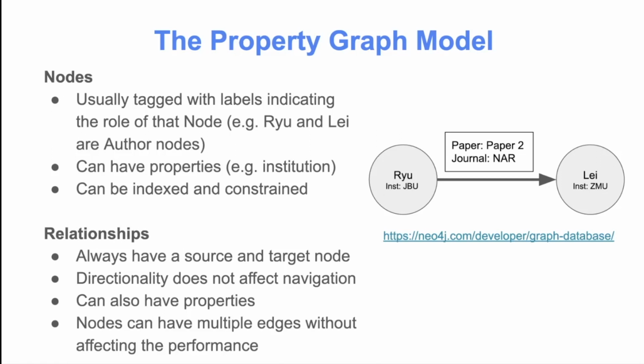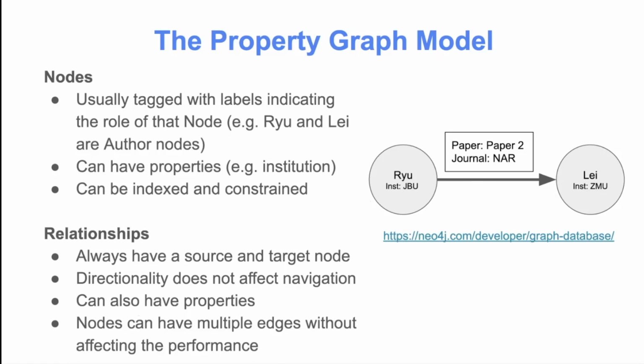This just means that you can improve the performance of querying these nodes easily since they are indexed and constrained. Relationships, on the other hand, are the connections between two nodes. A relationship in Neo4j will always have a source node, which is this, and a target node, which is this.